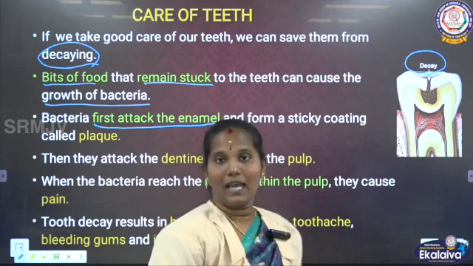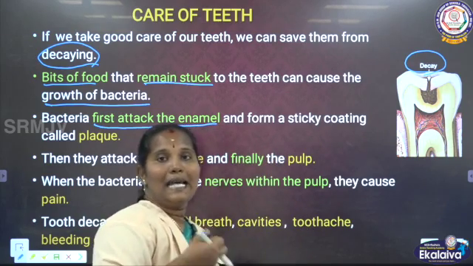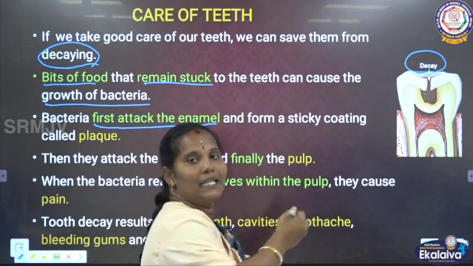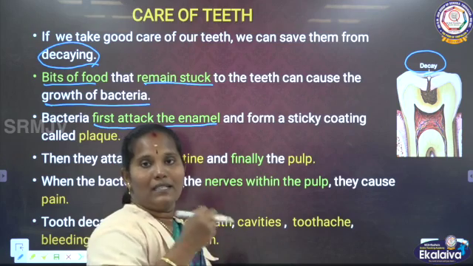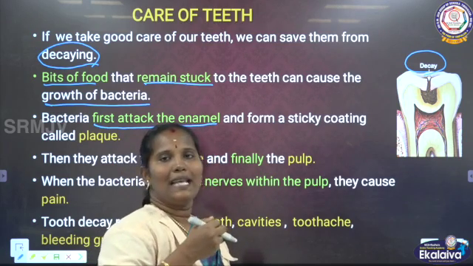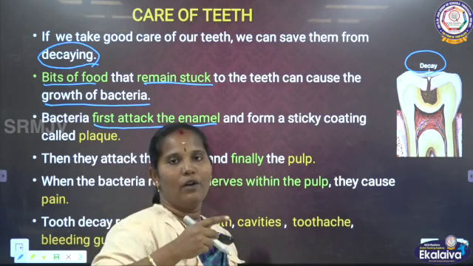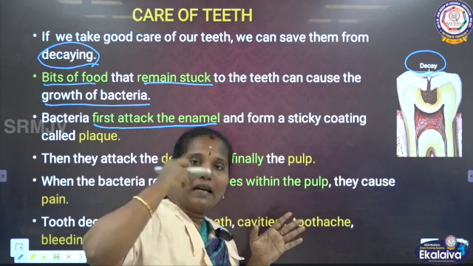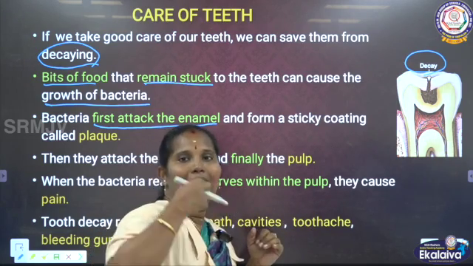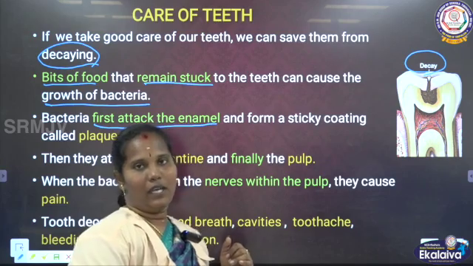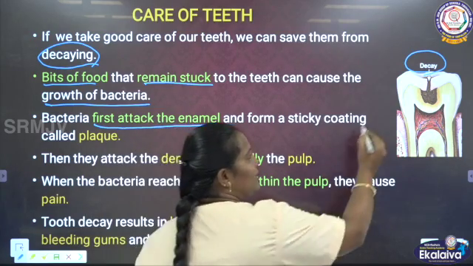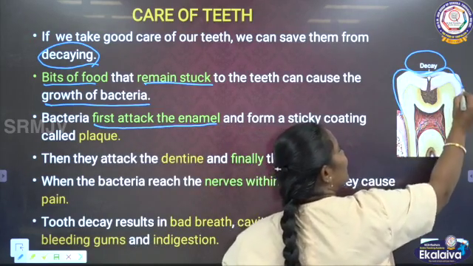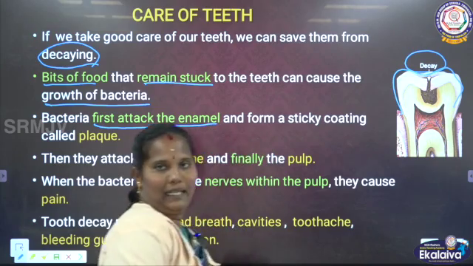They produce acid, and this acid will decay the tooth. What is enamel? It is the outer cover. If the outer cover is damaged, it is easy to attack the inside of the teeth. First the outer cover is spoiled by the bacteria.